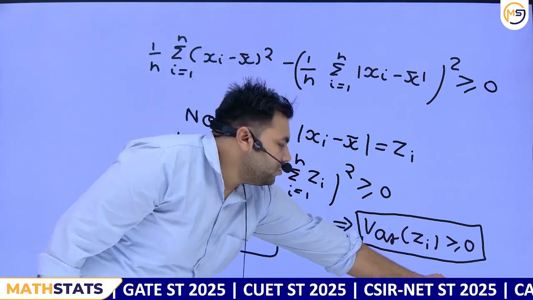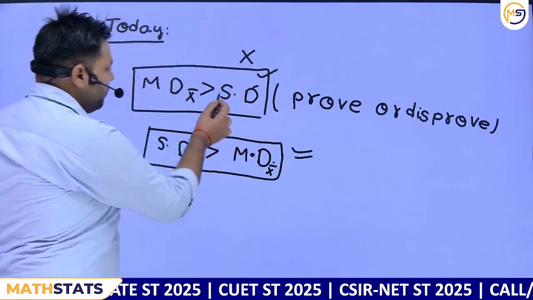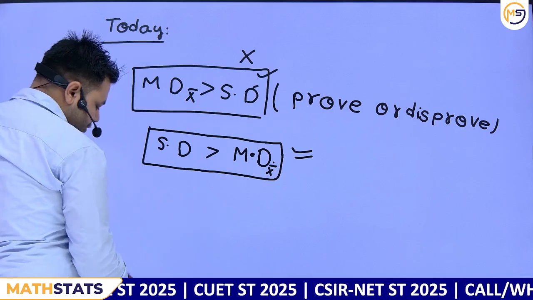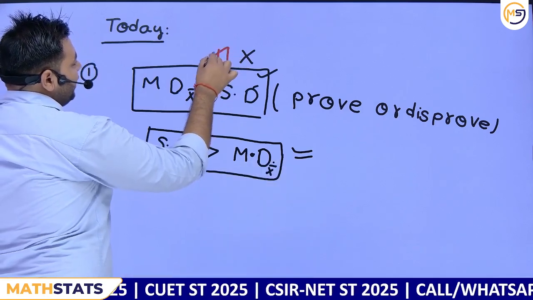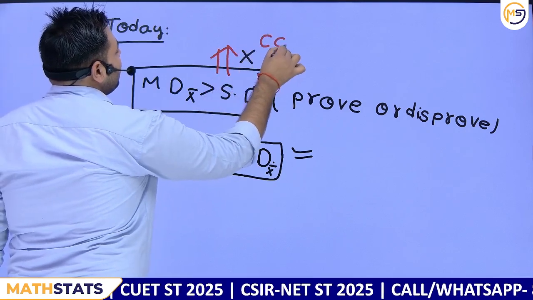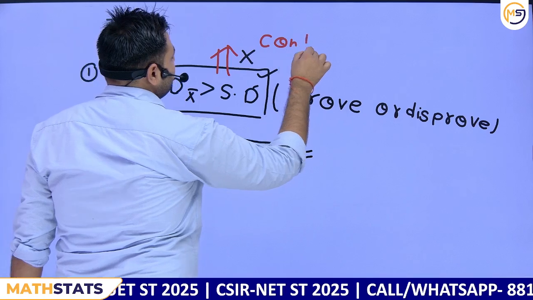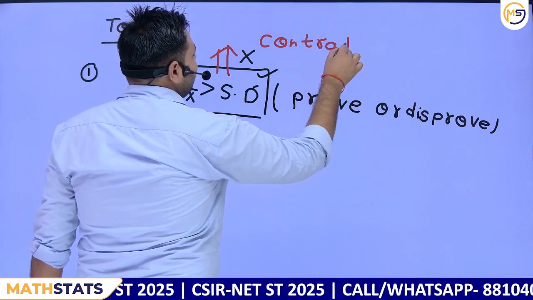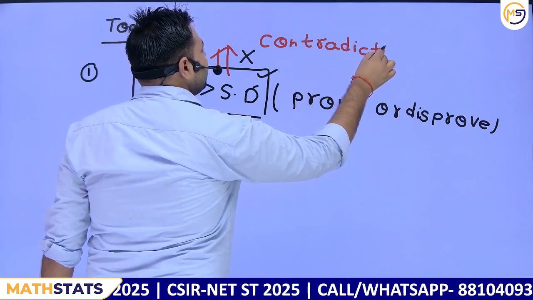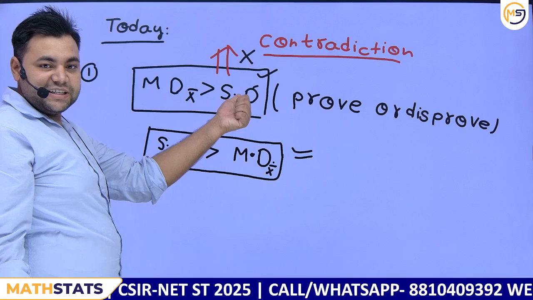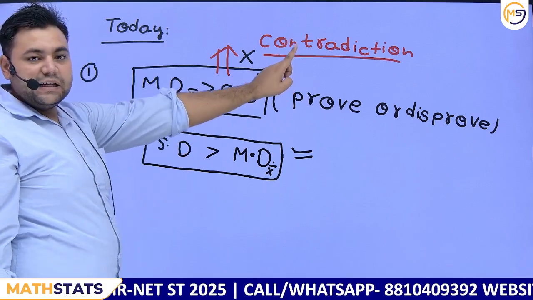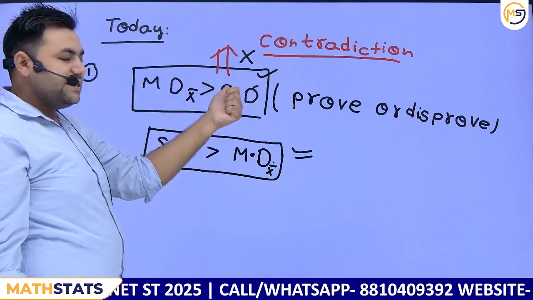When you want to prove this result and you get a contradiction, this result is not true.